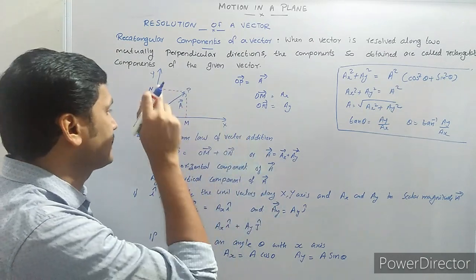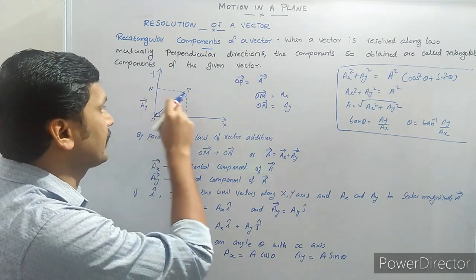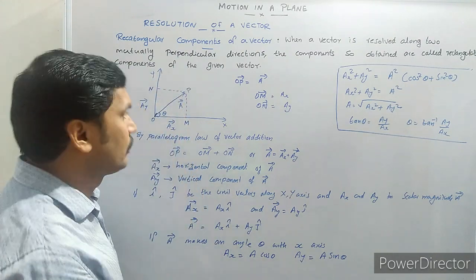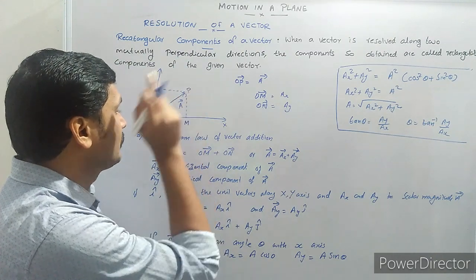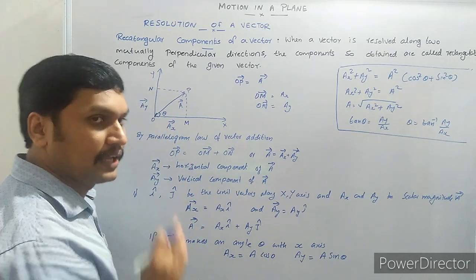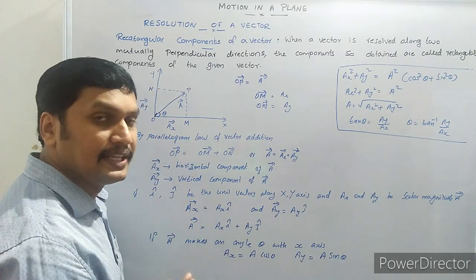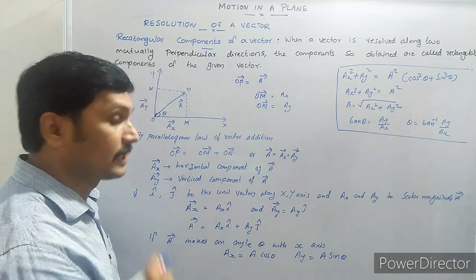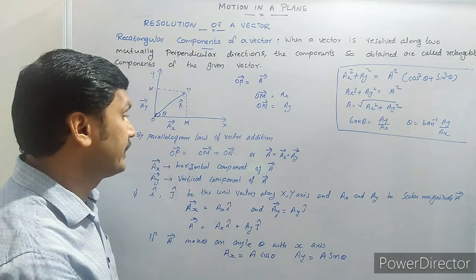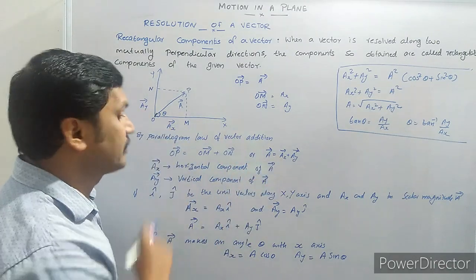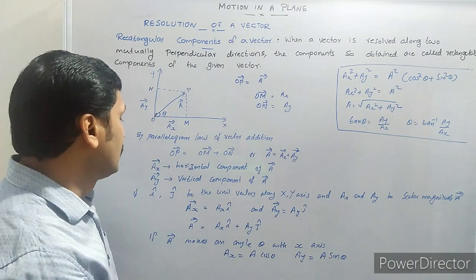By using these vectors Ax and Ay, we can write vector A. So we resolve vector A into vector Ax and vector Ay. Vector A is written as the sum of two other vectors, Ax plus Ay is equal to vector A.